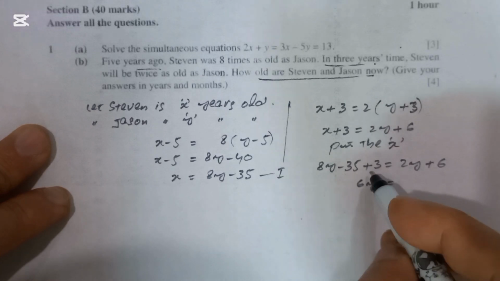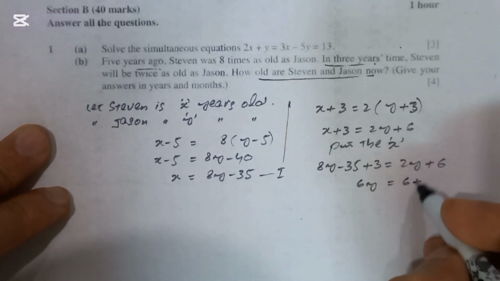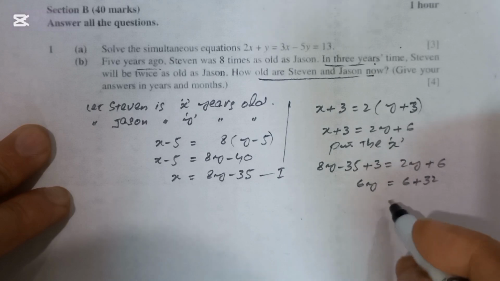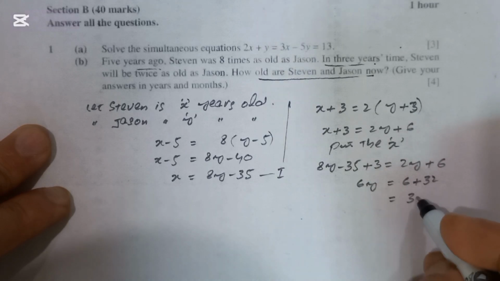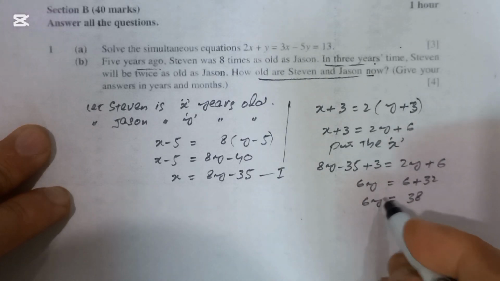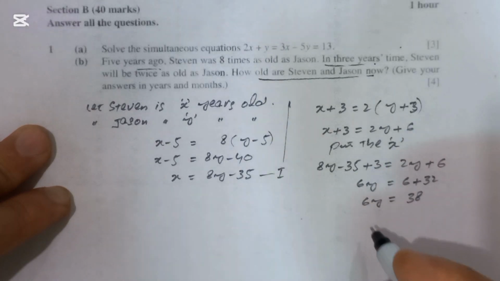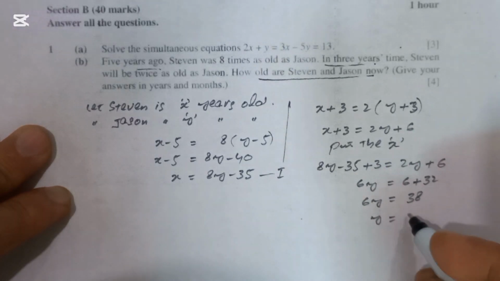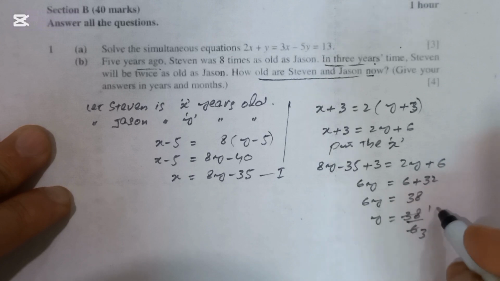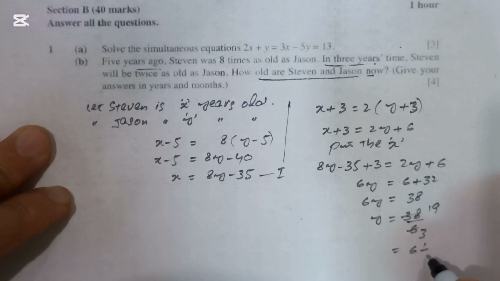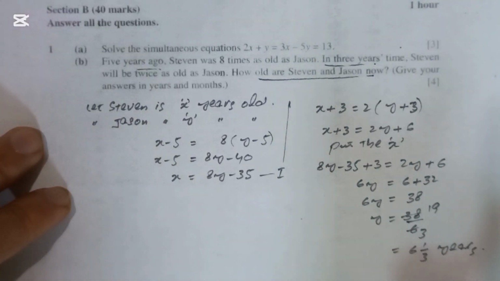On left side we are having minus 32, will be shifted to right side, it will become plus 32. It will become 38 equals 6y. So y is equal to 38 over 6. So 2 3s are 6, 2 19s are 38, and 6 whole number 1 by 3 years is y's answer. Put it in equation number 1.